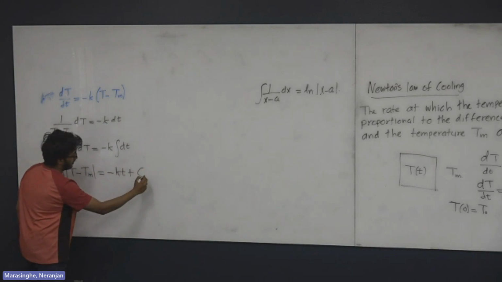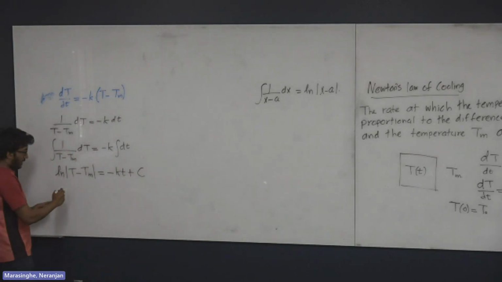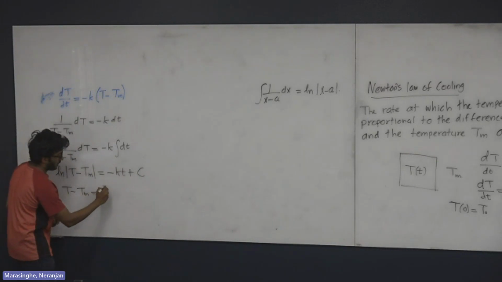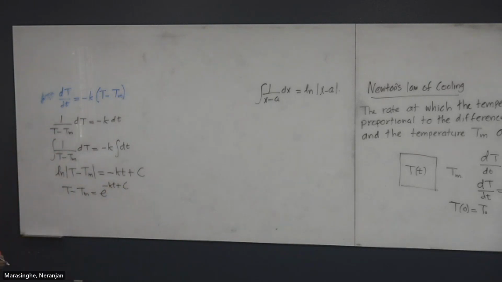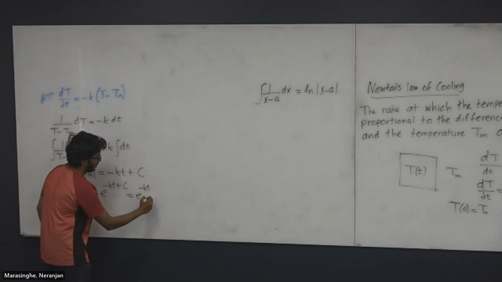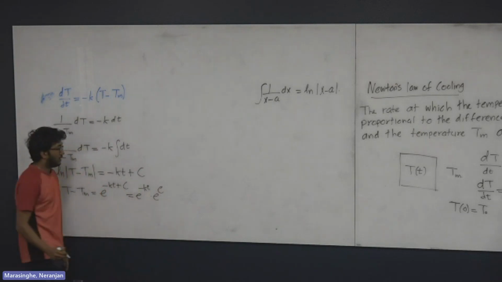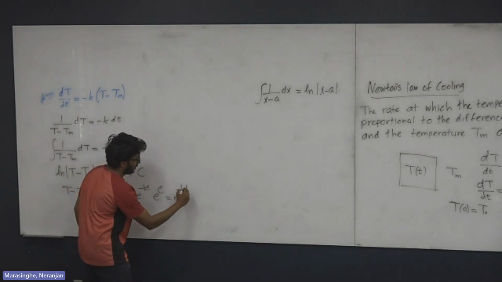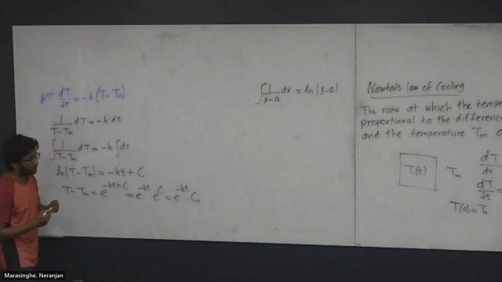Call the constant c. So then I can write T minus Tm as e to the negative kt plus this constant, equal to e to the negative kt times e to the c. Again, e to the c is a constant, so this is equal to e to the negative kt times C naught.